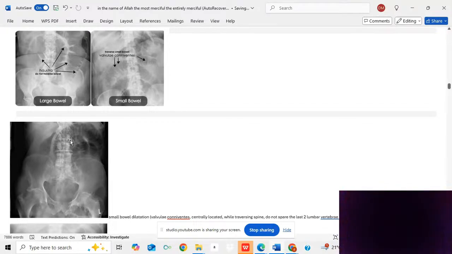Also, the small bowel loops tend to be centrally located, as you can see here. And while traversing the spine, they tend to not spare the lower 2 or 3 lumbar vertebrae, as you can see here.